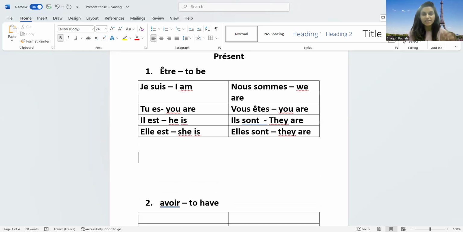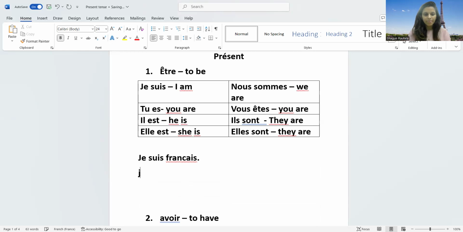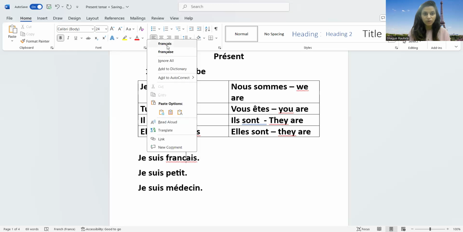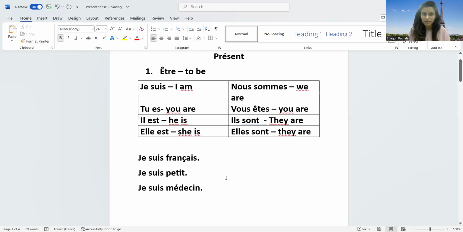I'm going to give you 3 sentences with je suis. Je suis français. Je suis petit. Je suis médecin. Can you see? In French, where do we use the être verb? We use it in these 3 places.